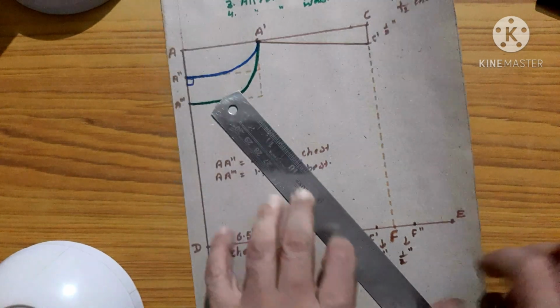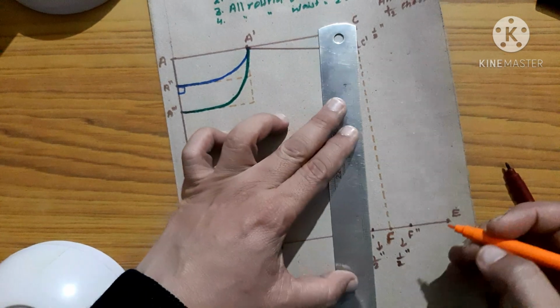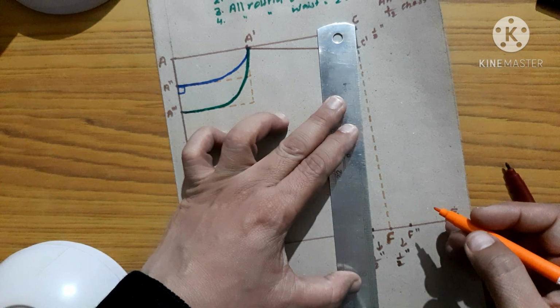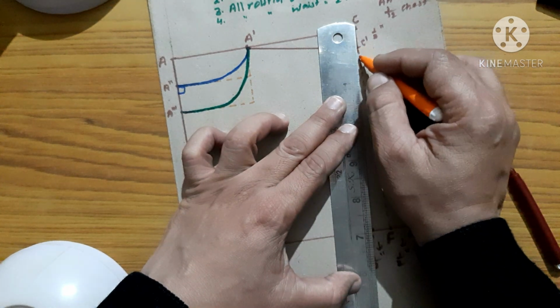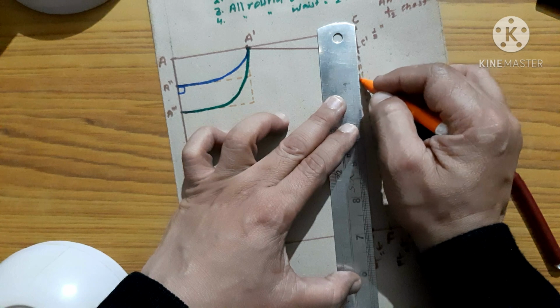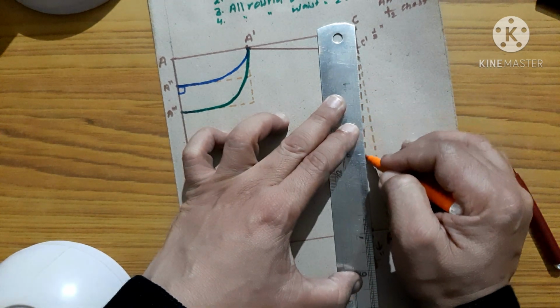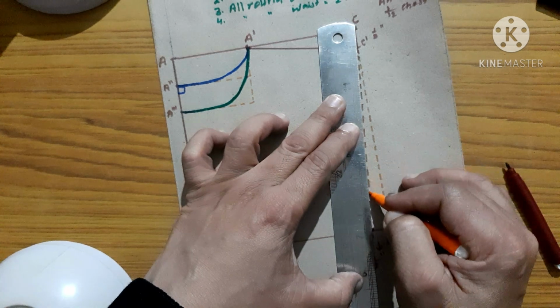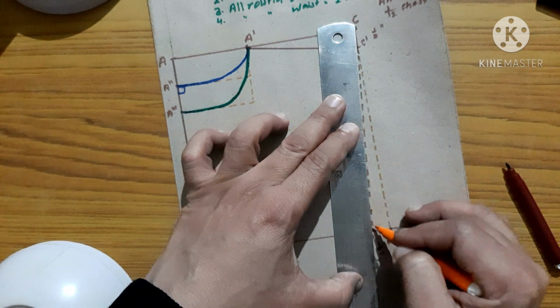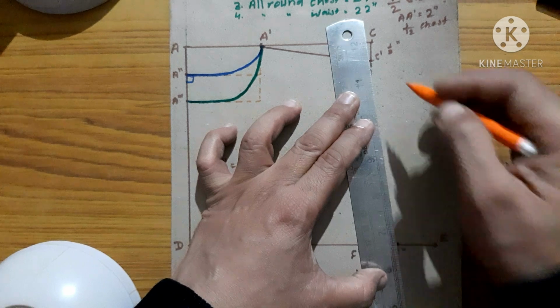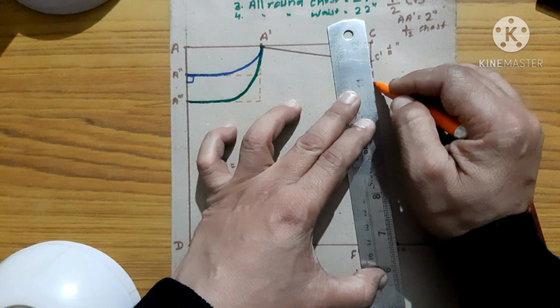And again we have to join these points to this. Join C dash to F dash and join C dash to F double dash.